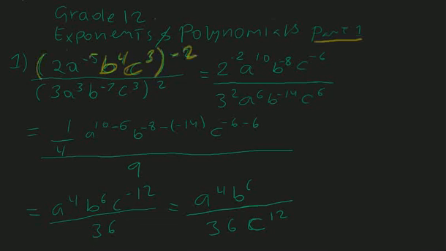So 2a to the -5, b to the 4, and c cubed, all over 3a to the power of 3, b raised to the power of -7, and c raised to the power of 3, close parentheses, and they all have a power of 2.